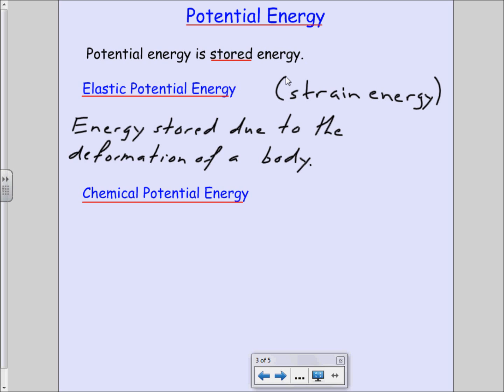Chemical potential energy, those who study chemistry would realize that it's all about bonding, either covalent type bonding or ionic bonding, all to do with the giving and taking or the sharing of electrons.